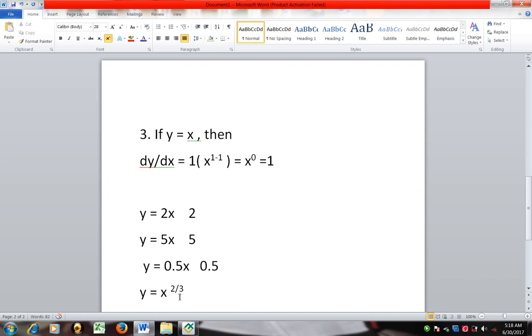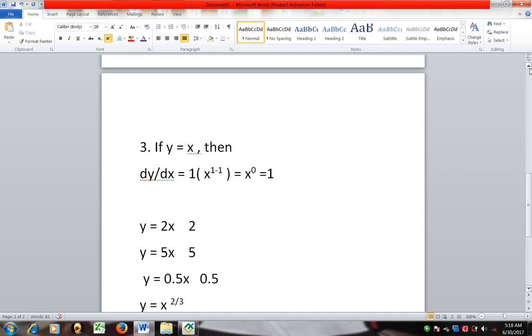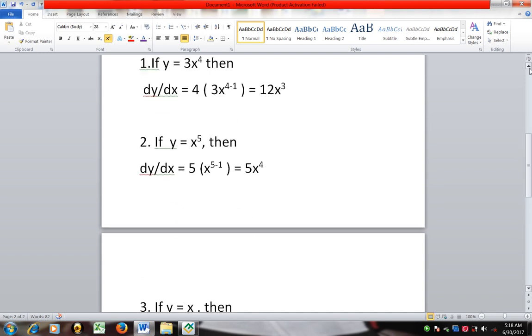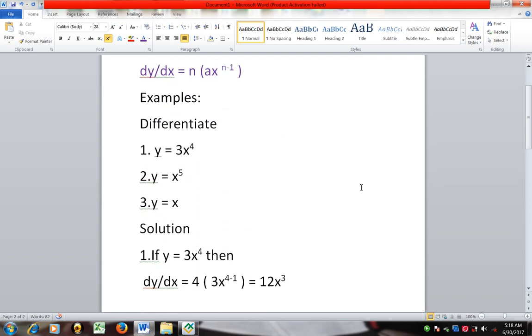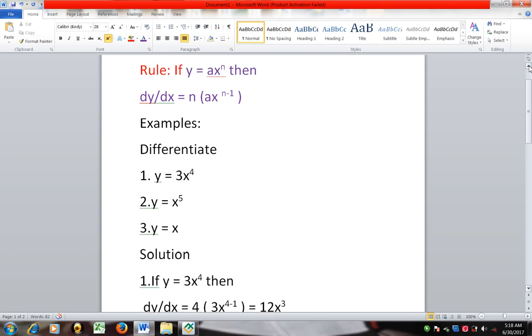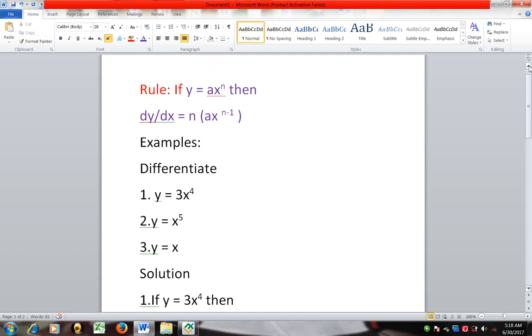But I hope you understand this one, especially the rule. If you understand the rule, you can easily apply it to answer questions. These are the type of calculus problems that we expect at the very basic level. And we have not used first principle to answer this question. We have actually used the second principle.